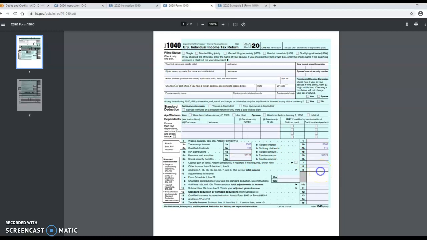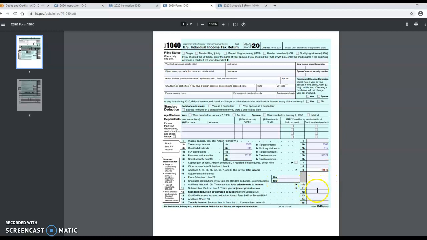Okay, and then we would add those up: 8103, the ones on the right, and the 419, and the 33,121. That's 41,643. That's her total income.